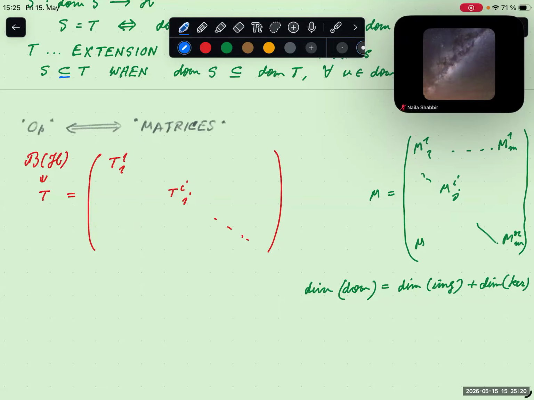Now, question. What is here? So question to all of you, what do we expect here? Do you expect some generalization of this theorem? Or what can be the operator version of the rank nullity theorem? Or do you expect it to be the same?